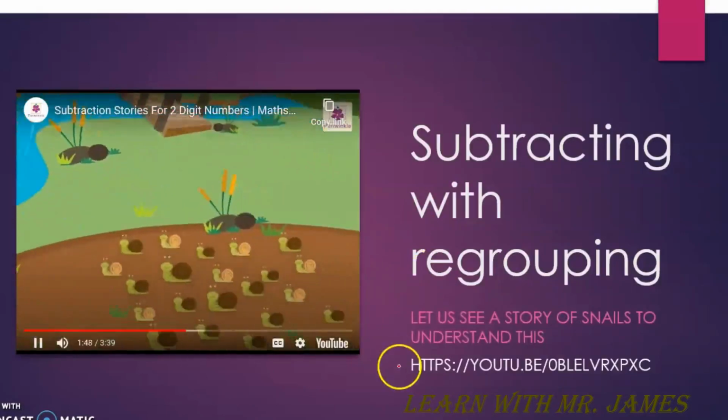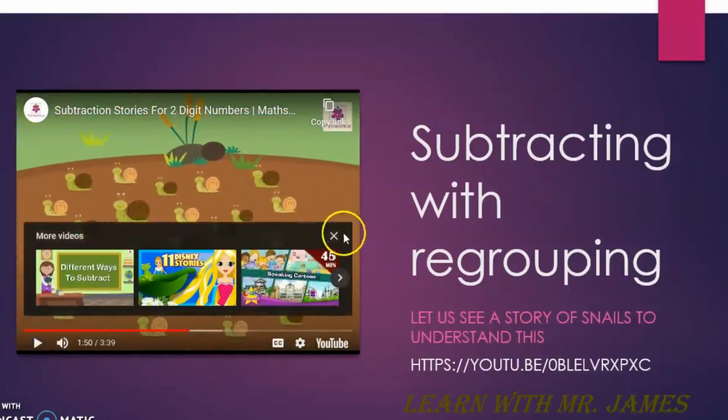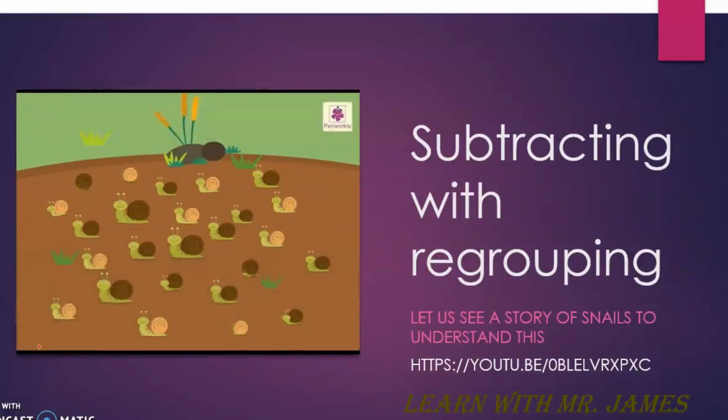Solve it. Look, snails. You see, there are around 25 snails. Out of 25, 16 of them hide themselves in their shell.